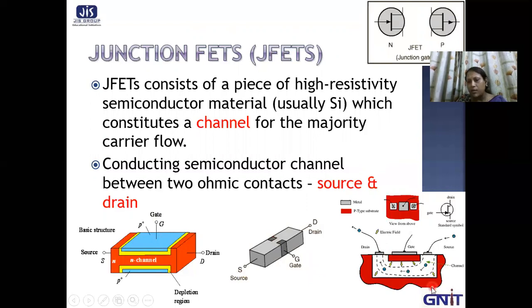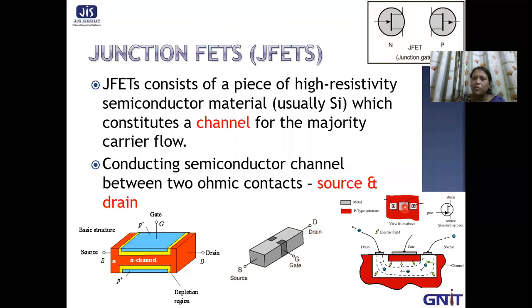Now here we can see that this is the top view, this is the gate terminal, and these two small portions are nothing but the metallic portion. On top of the gate there is a metal layer. Otherwise we can't take out the contact from the JFET.